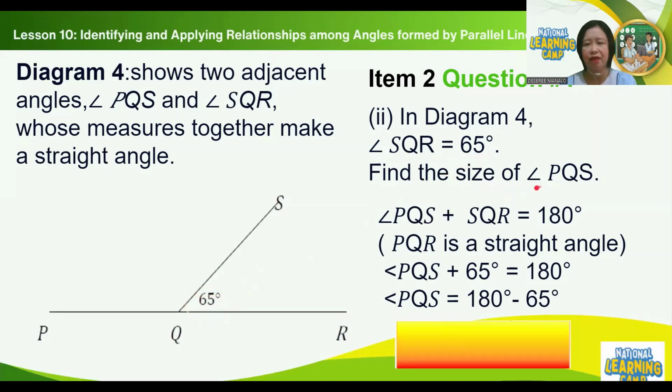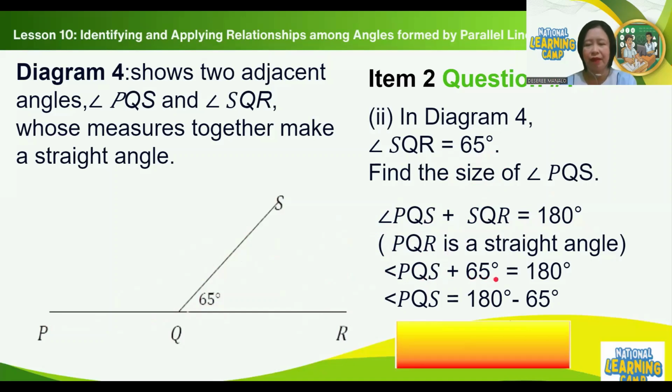Find the size of angle PQS. To find this, we know that angle PQS and angle SQR add together to 180 degrees, and as we all know, it forms a straight angle.